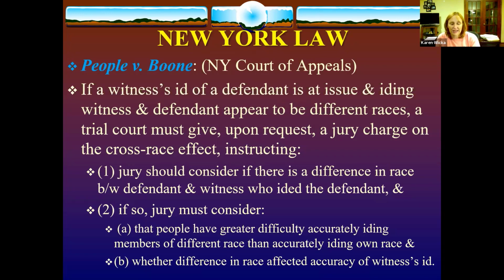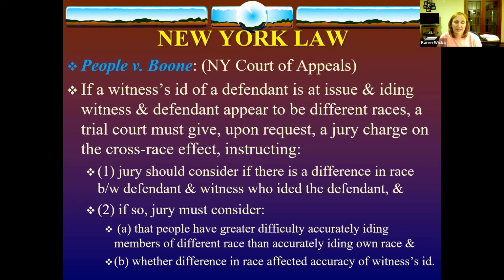And the jury must consider that people have a greater difficulty accurately identifying members of a different race than their own race. And they have to decide whether a difference in race affected the accuracy of this witness's identification.